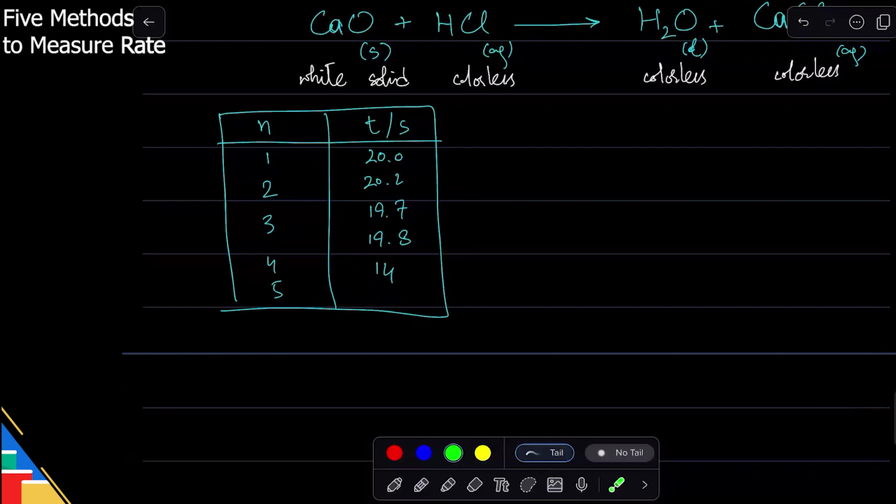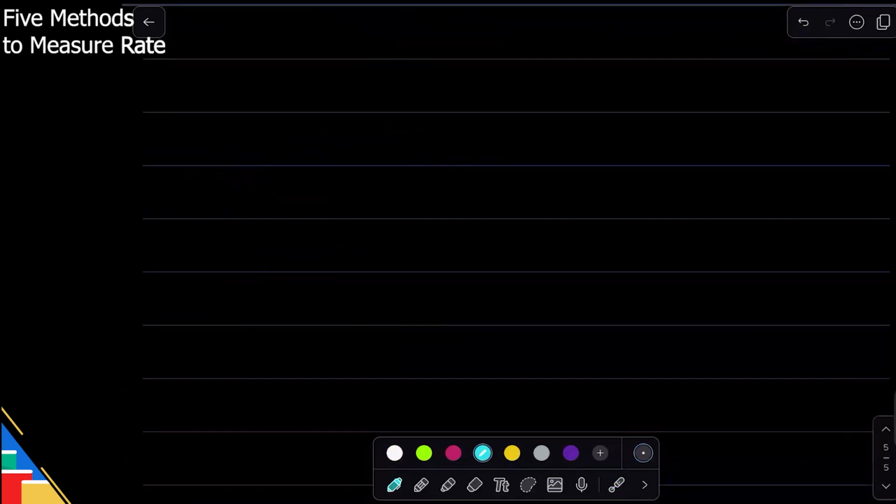Similarly, there's another example I'll give you. So for example, yeah, let's do this reaction. Let's say I have this reacting with this, to produce.